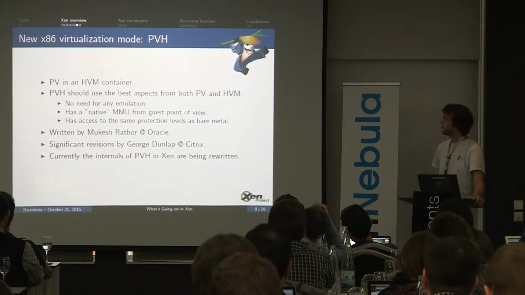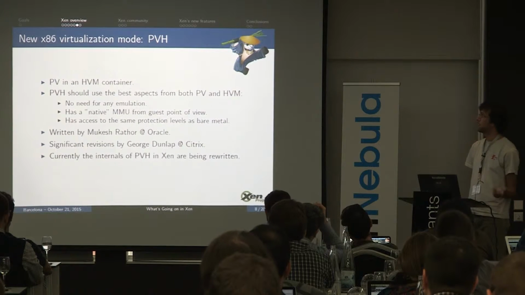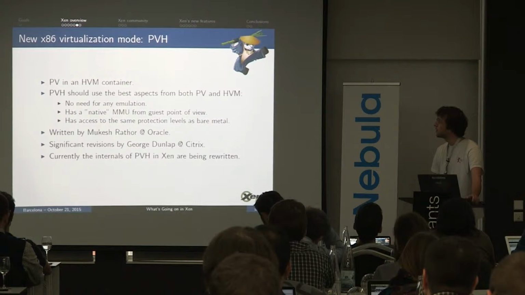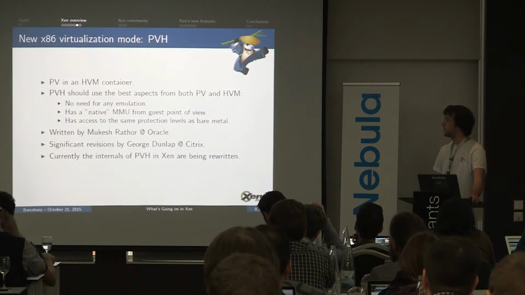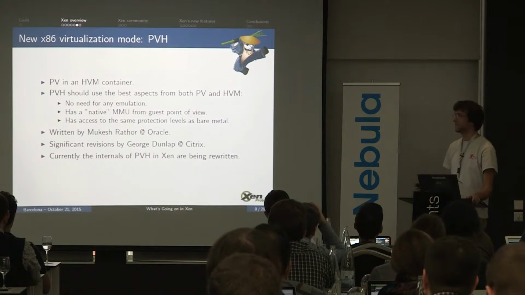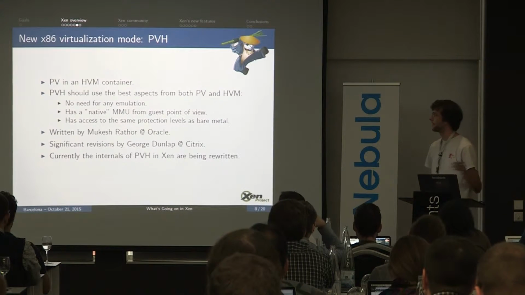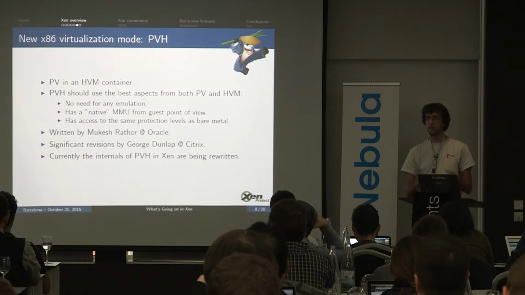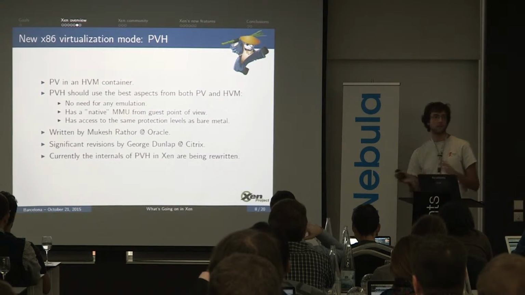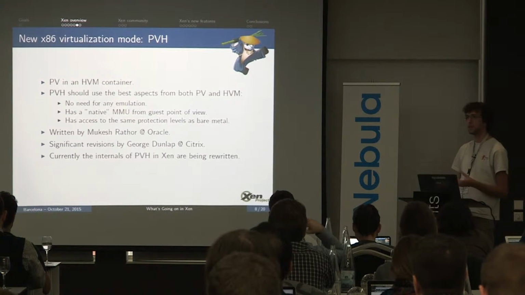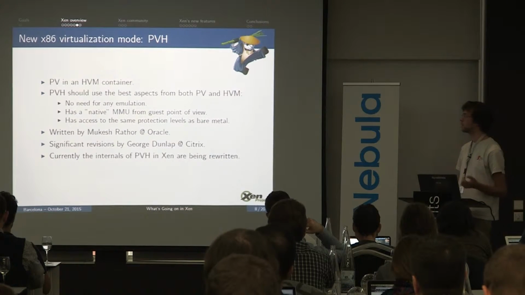And also, we have a new mode that was introduced quite recently. It's only for x86, and we call it PVH, which is basically a mix between both modes. This will sound a little bit strange to you right now. I have a slide. The next slide is probably going to be easier to understand. But basically, we have PV, we have HVM. Both have their strong points, and we wanted to do something that merged the best of both worlds.